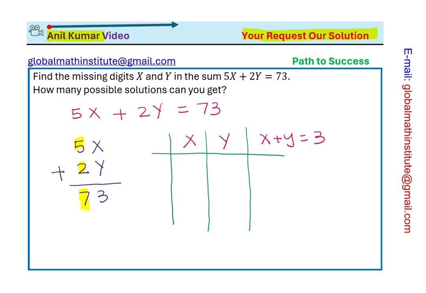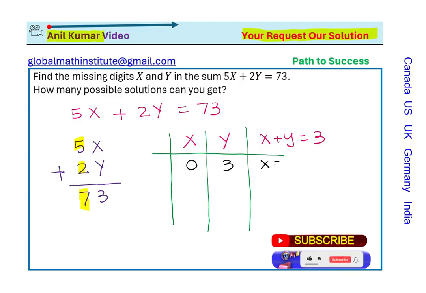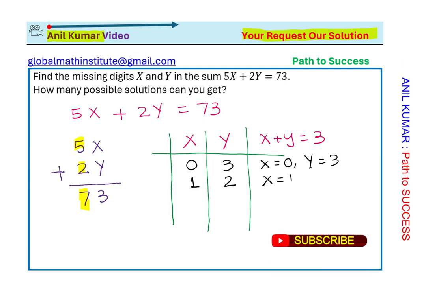Well, one way is we can begin with 0. And we know 0 plus 3 is 3, so that becomes one way, right? So in this case, x equals 0 and y equals 3. That helps. X can be 1, y will be 2. That also helps. So x equals 1 and y equals 2.